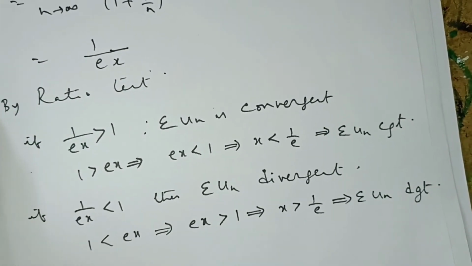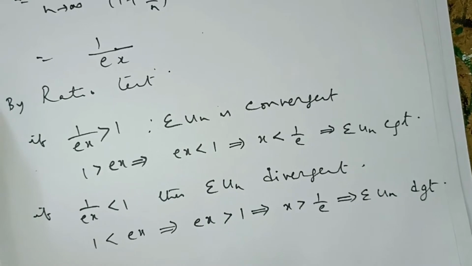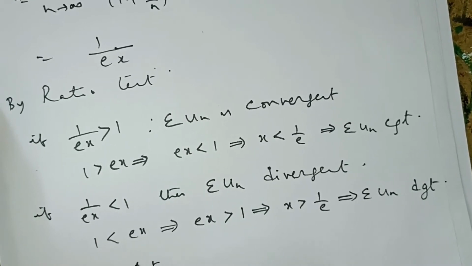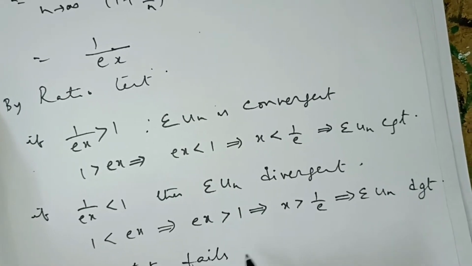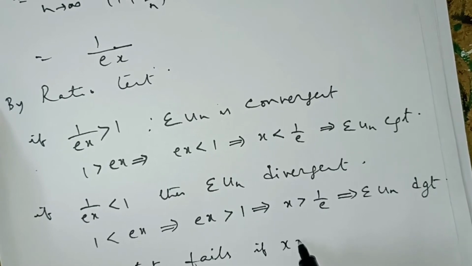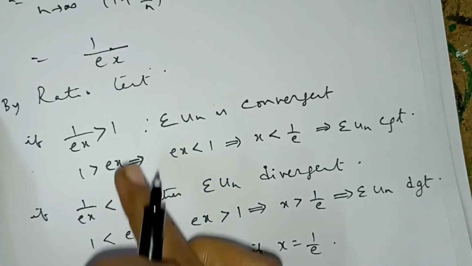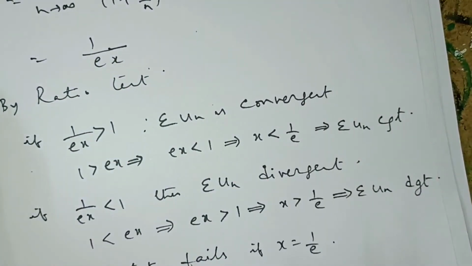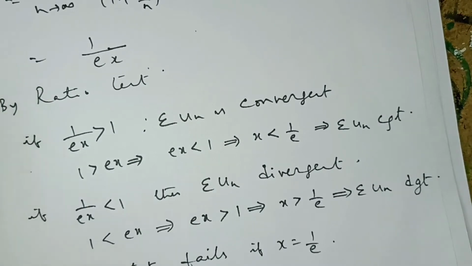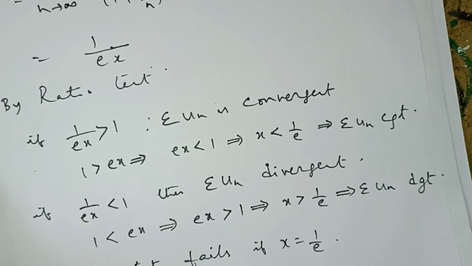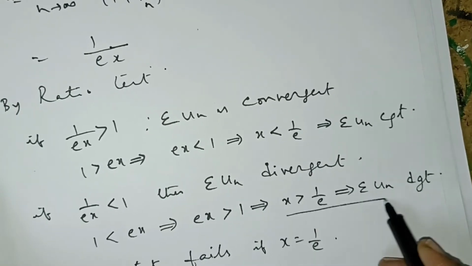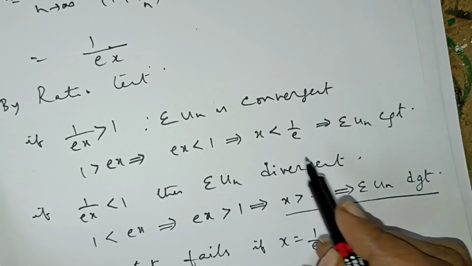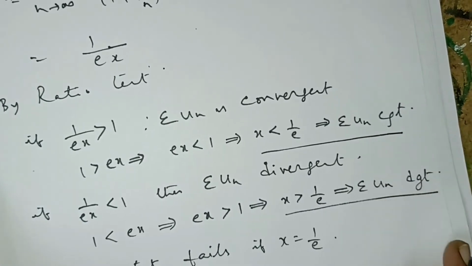Now the test fails. The test fails if x is equal to 1 by e. Otherwise 1 by ex is equal to 1. 1 by ex is equal to 1. That means if you cross multiply, x is equal to 1 by e. Now here we have got one conclusion: x greater than 1 by e divergent, x less than 1 by e convergent.